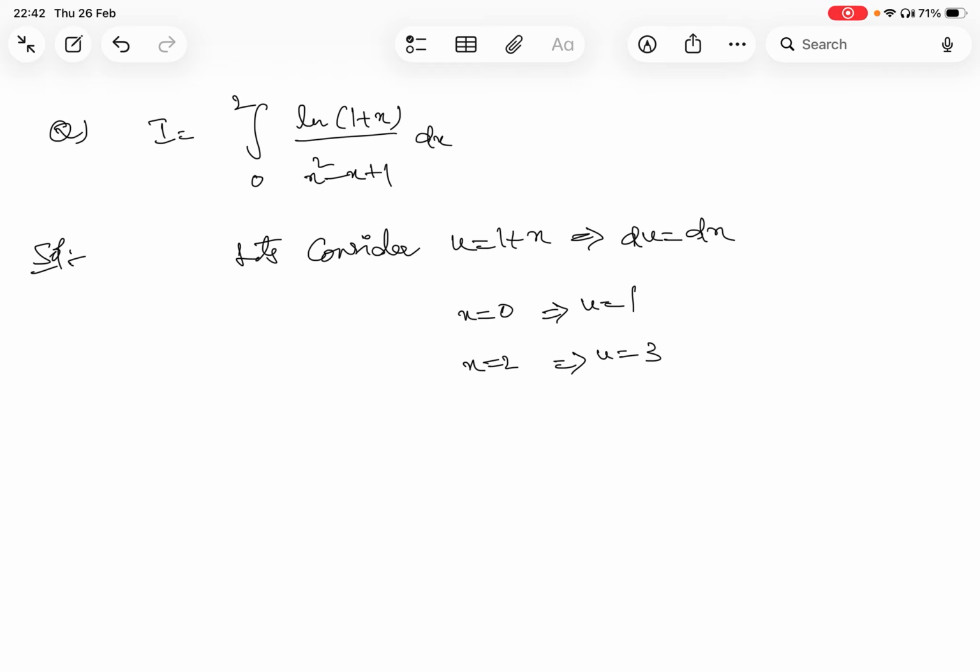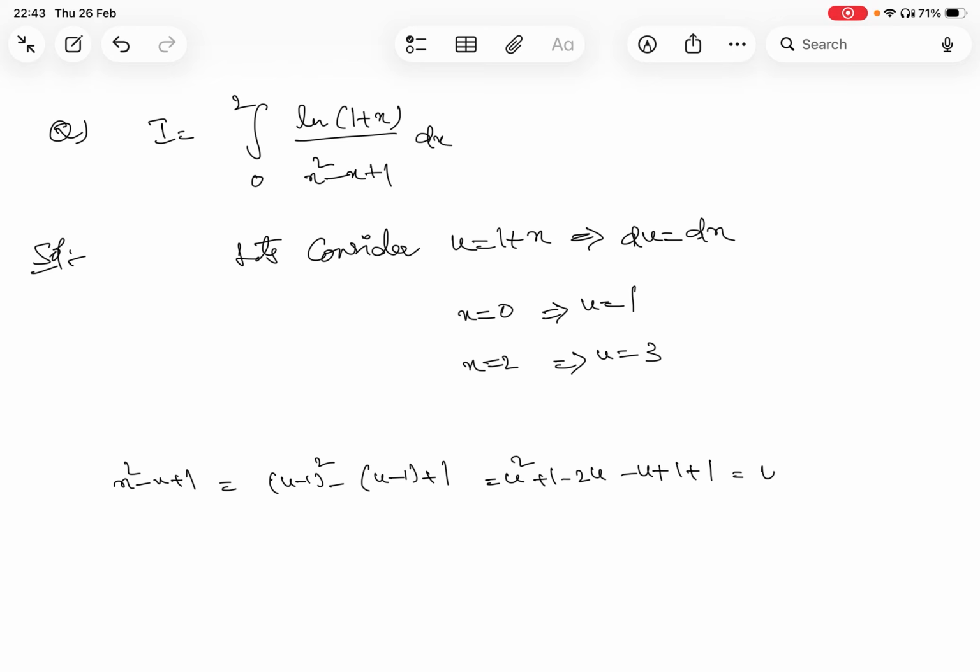Here x is u − 1, so the denominator x² − x + 1 becomes (u − 1)² − (u − 1) + 1. This is u² + 1 − 2u − u + 1 + 1.